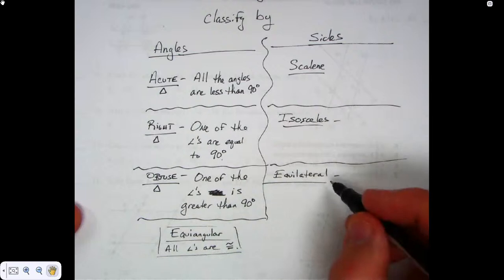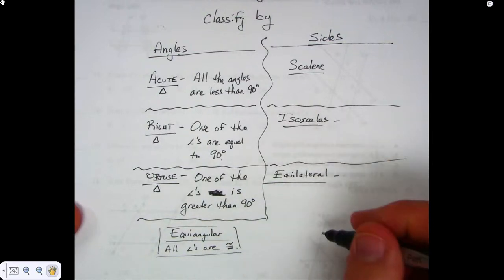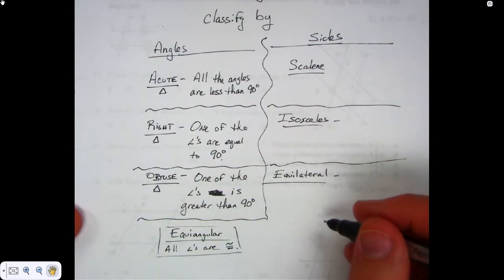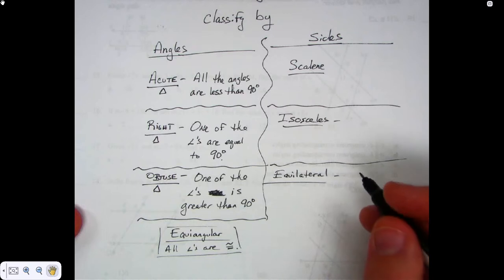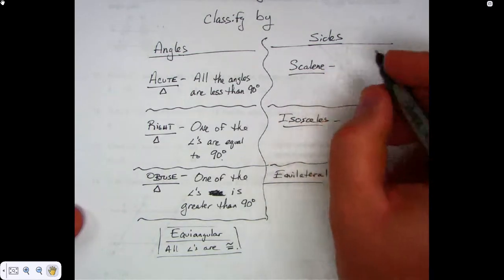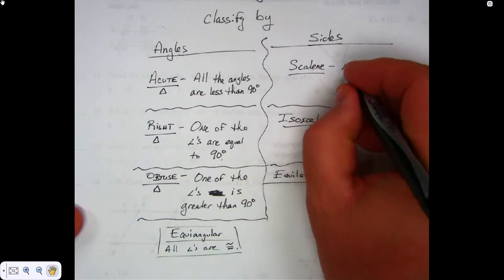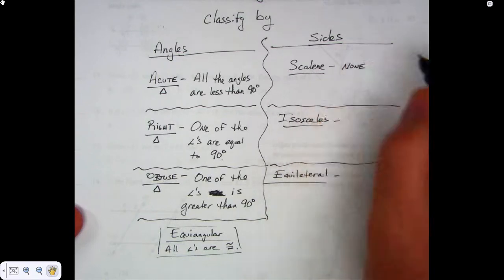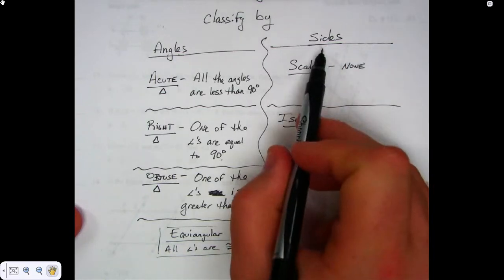And actually, you find that equilaterals are also isosceles. It's just more specific to call them an equilateral. Scalene triangle, do you know what makes it scalene? No. How do we classify them? We're classifying these by the what?